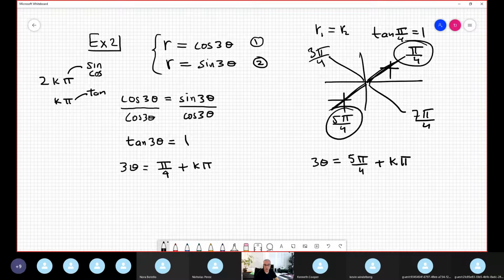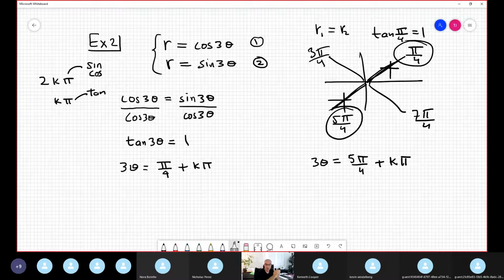This is the reason. Professor, what is the reason that you put k pi in one equation and another in the other equation, no? The problem is that we have a coefficient here that is not 1, it's 3. When this coefficient is 2, 3, 4, 5, the effect of this transformation is a horizontal compression.